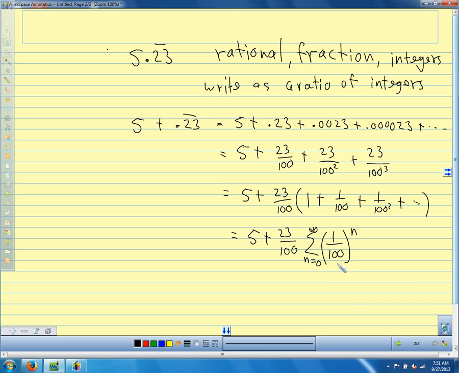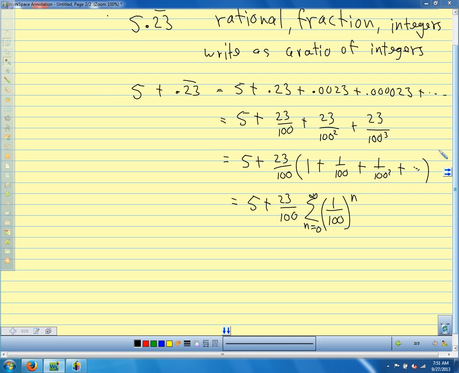And I know how to find the sum of this, right? We talked about how we did it yesterday. So this is 5 plus 23 over 100 times 1 over 1 minus 1 over 100, which is 5 plus 23 over 99.